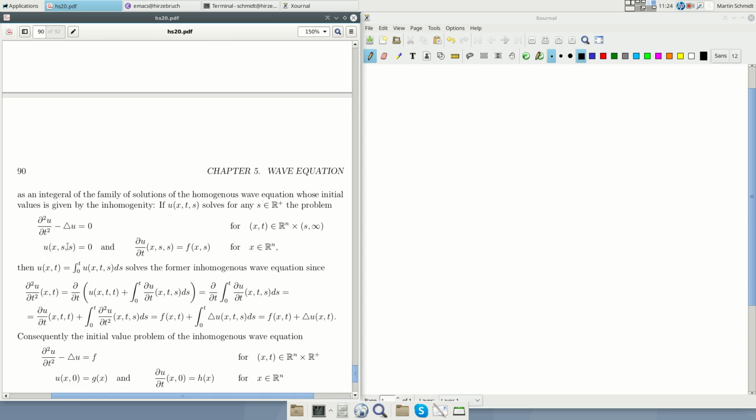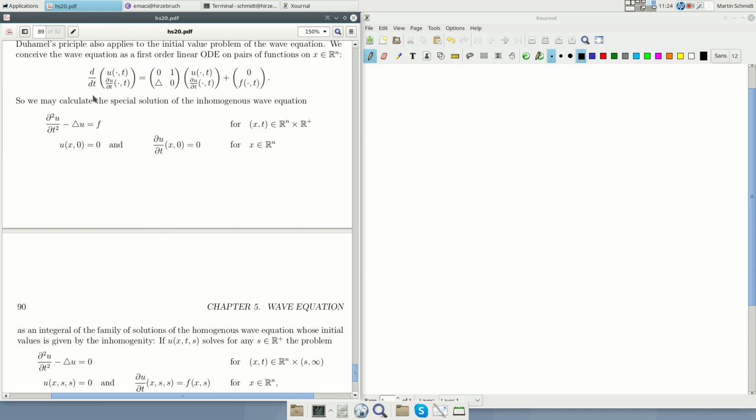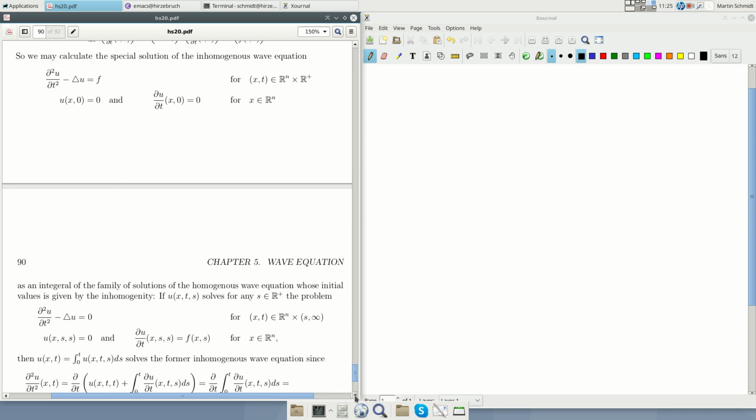Okay, so we define these initial values in general at time s, and this is the extra parameter of this solution. The initial value of the first derivative with respect to t, you see this component has initial value f.